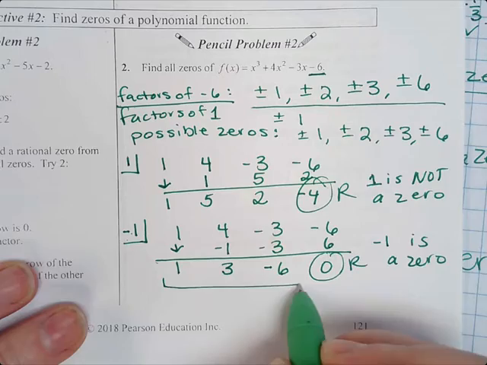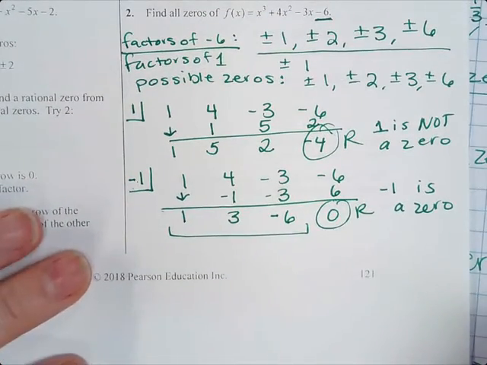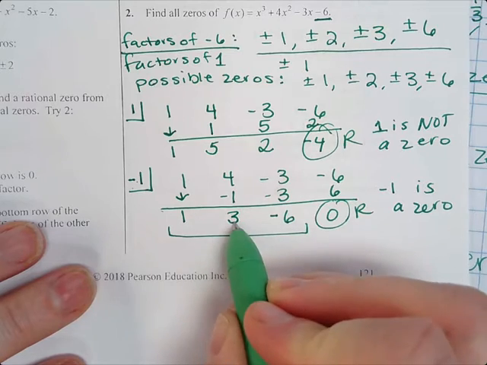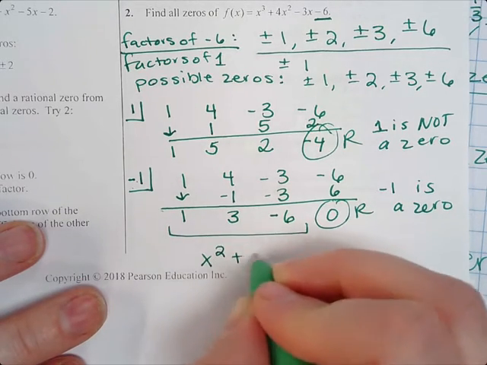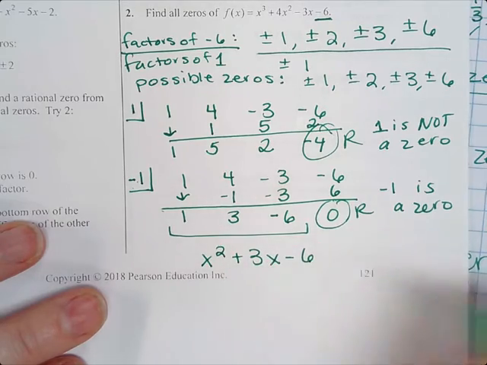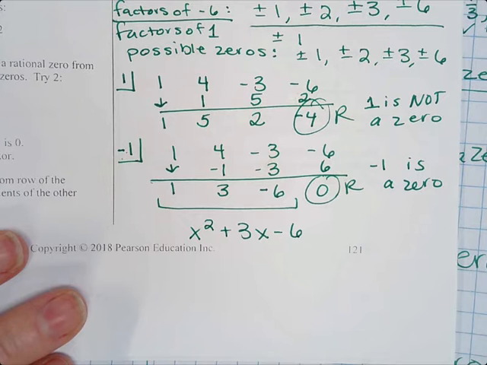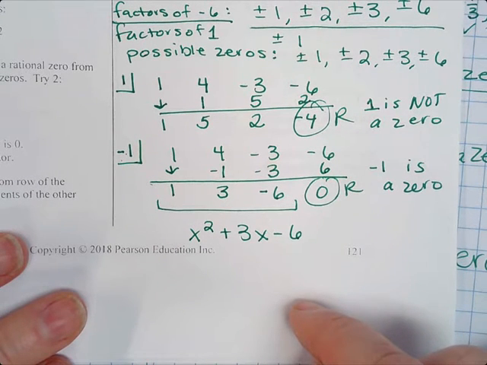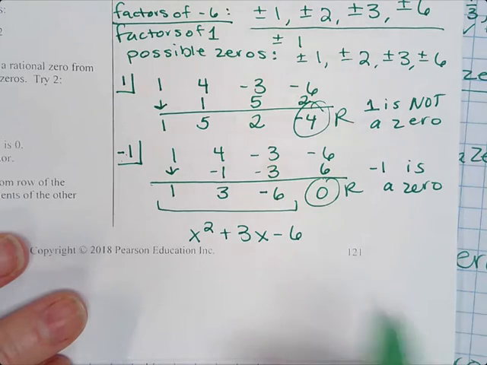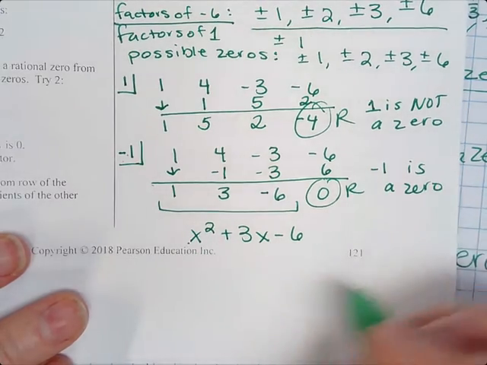So let's look at what we're left with. Let's write this as a polynomial. So this is our constant, this is our x term, and this is our x squared term. So it's x squared plus 3x minus 6. So we need to solve this. So we could do what?